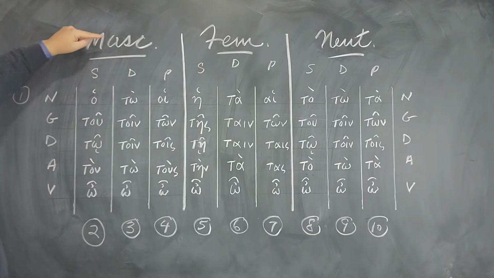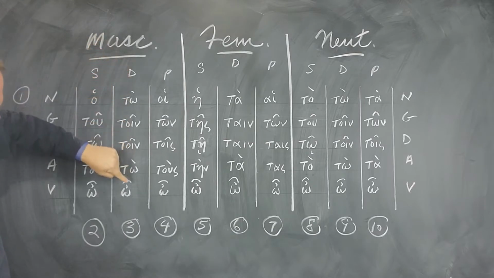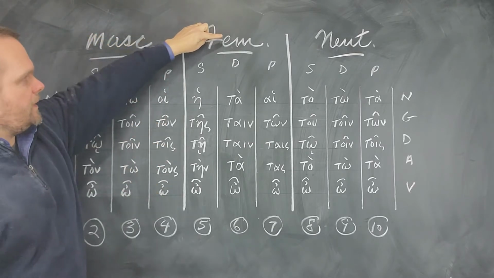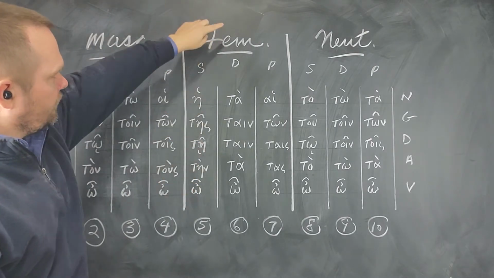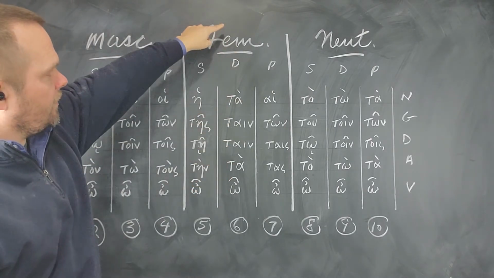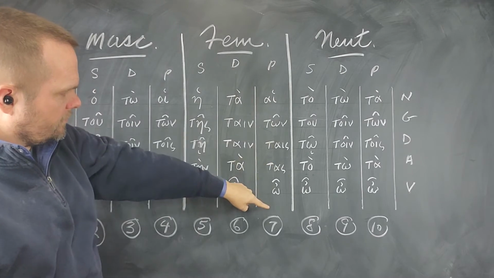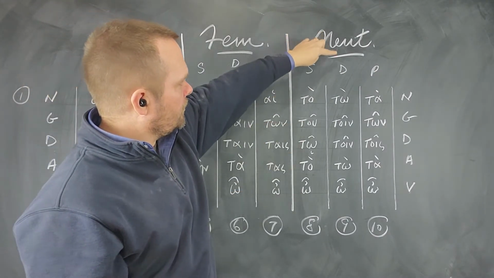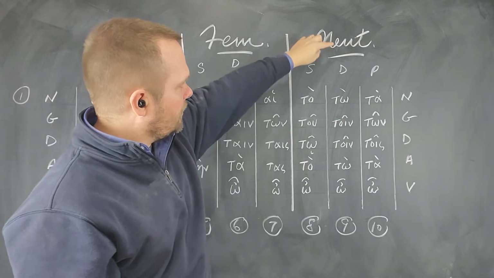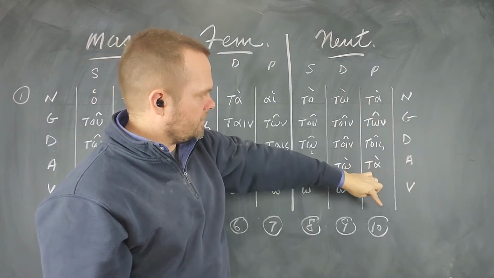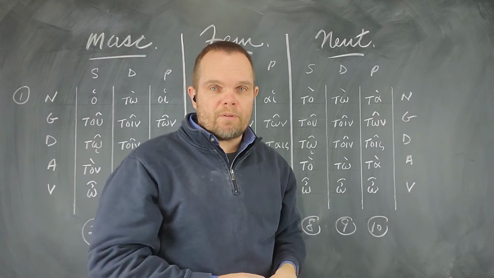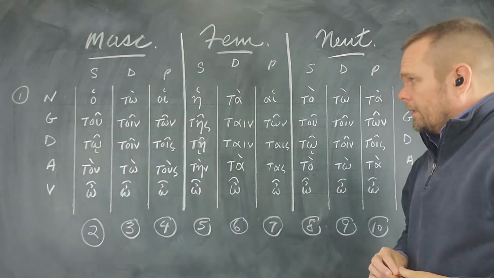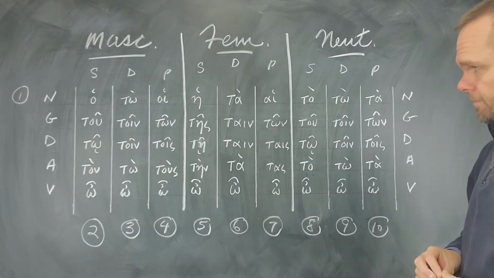Masculine singular, masculine dual, masculine plural, feminine singular, feminine dual, feminine plural, neuter singular, neuter dual, neuter plural. Okay? So that's what's up here on the chart. Not too complicated once you see how things are labeled.